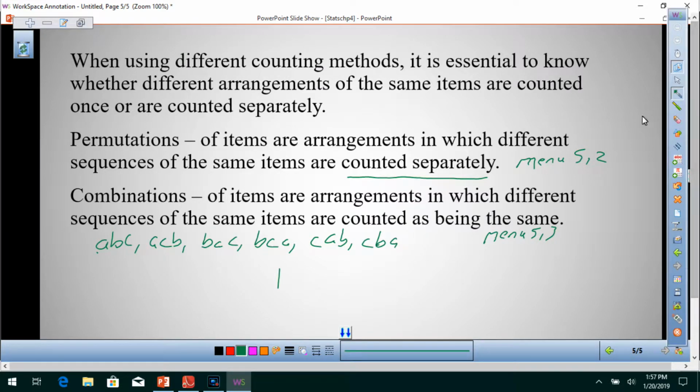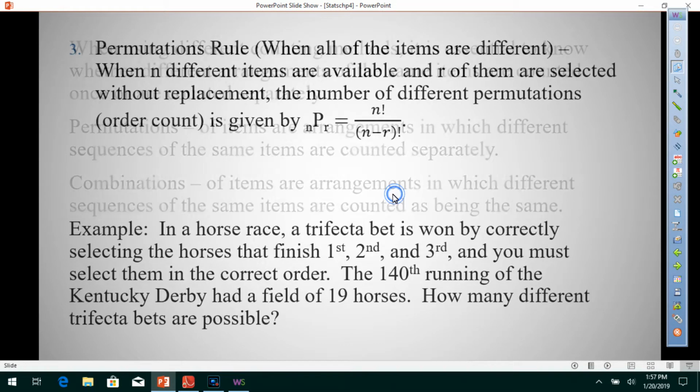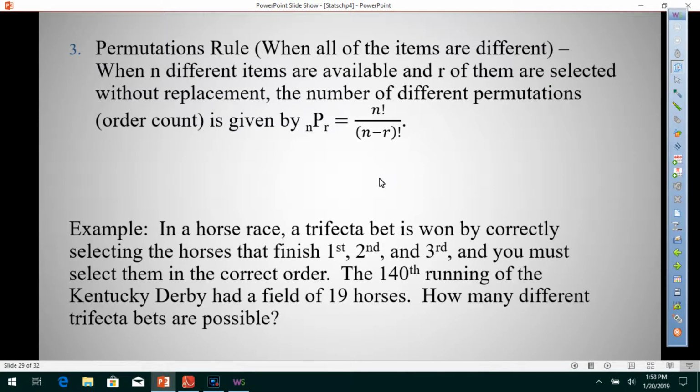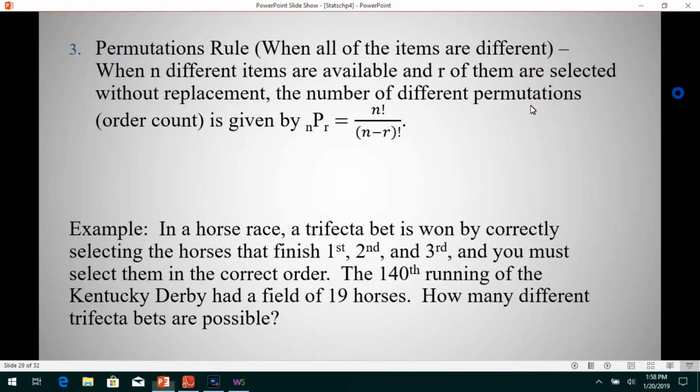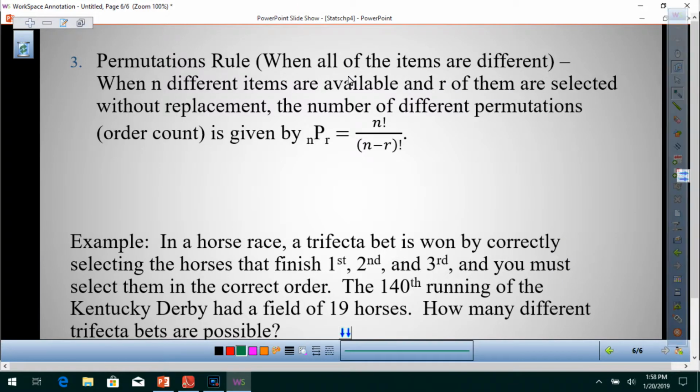All right, now we're still kind of vague. Let's see if we can expand on that. The permutations rule: when n different items are available and r of them are selected without replacement, the number of different permutations, where order counts, is given by nPr, which is n factorial divided by n minus r factorial.